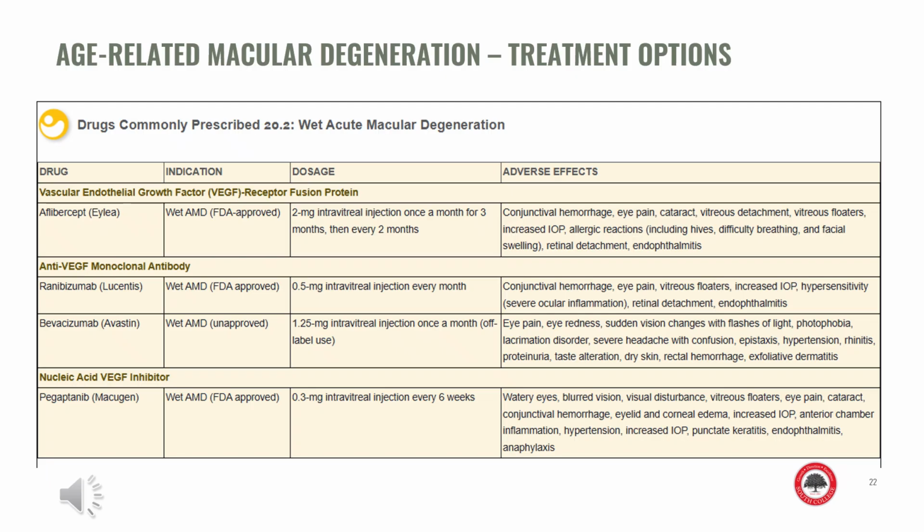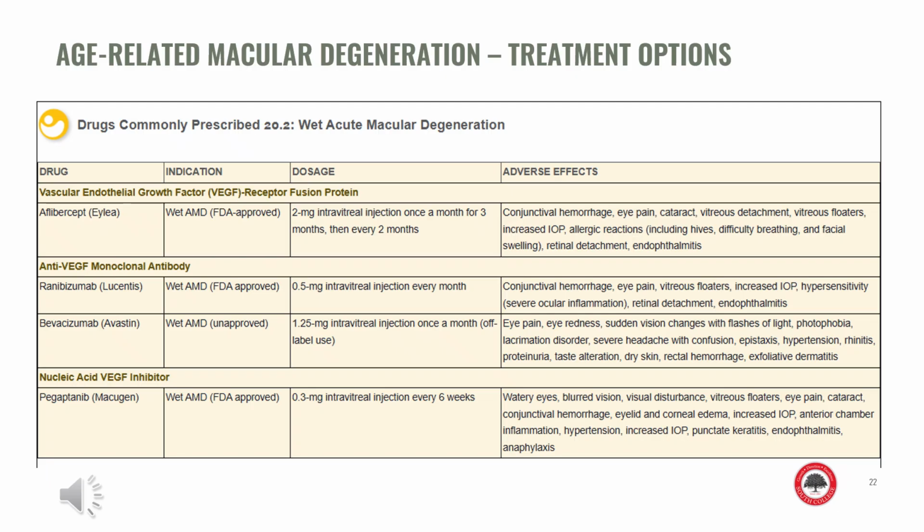There are other drugs in here that they use to inject, but the main thing is the class of the medications: vascular endothelial growth factor receptor fusion protein, anti-VEGF monoclonal antibodies, and nucleic acid VEGF inhibitors.